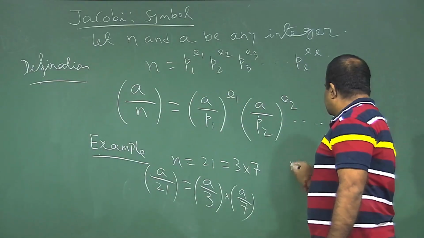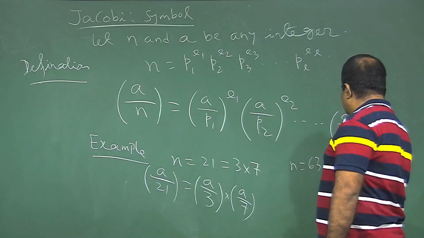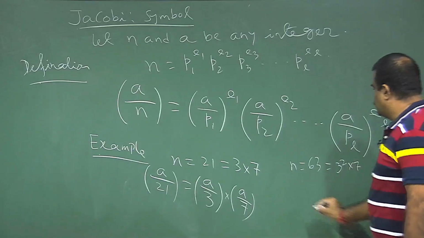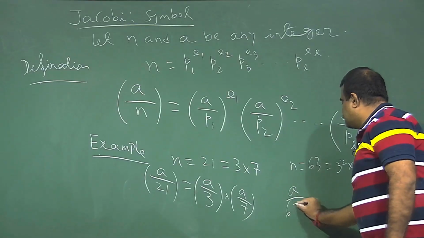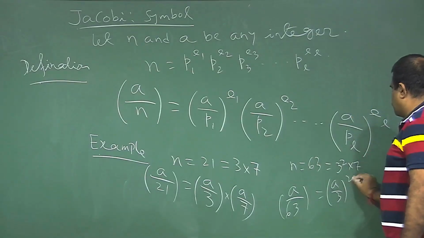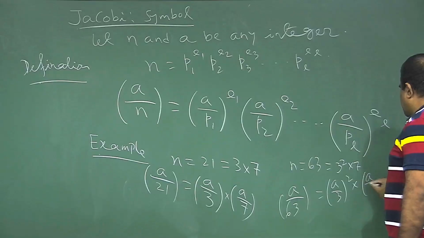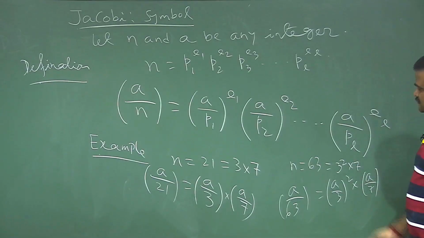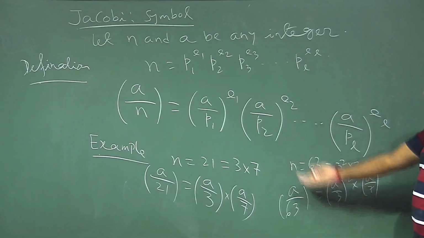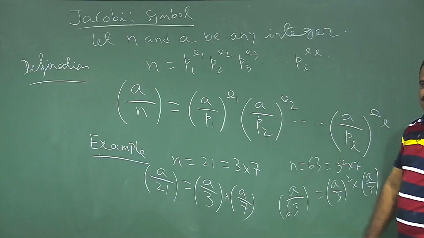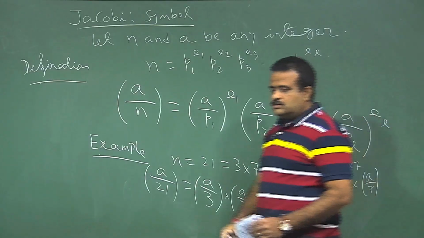Now if n is equal to, say, 63, this is 3 squared into 7. So (a/63) is defined as (a/3)^2 times (a/7). So the Jacobi symbol is defined through the Legendre symbol.